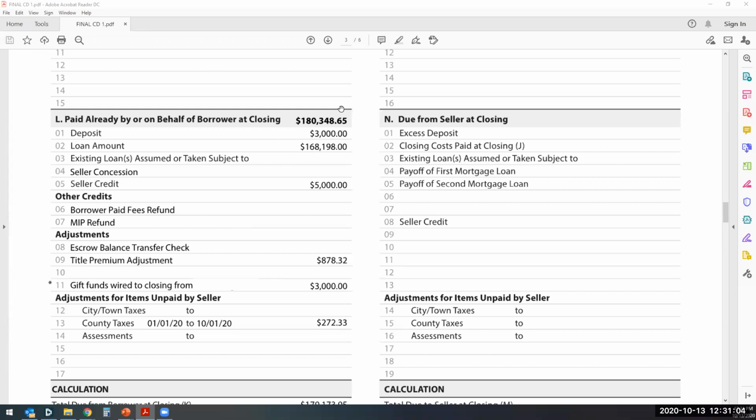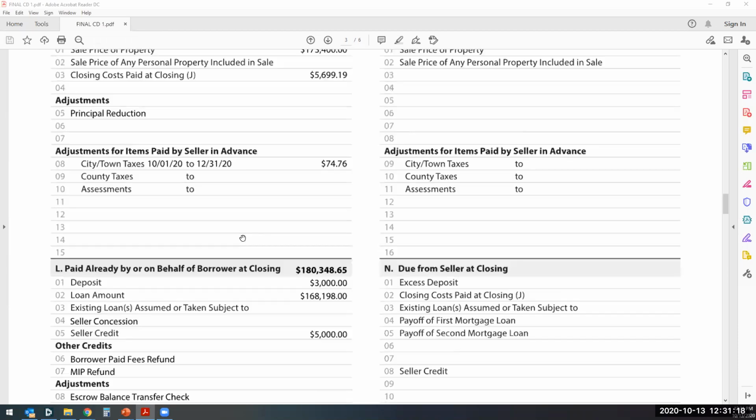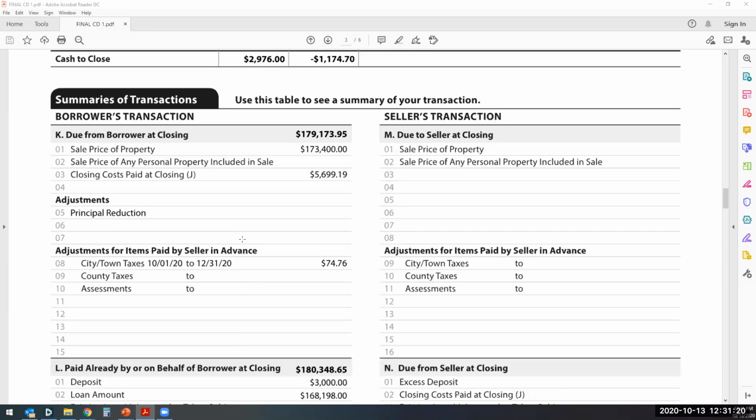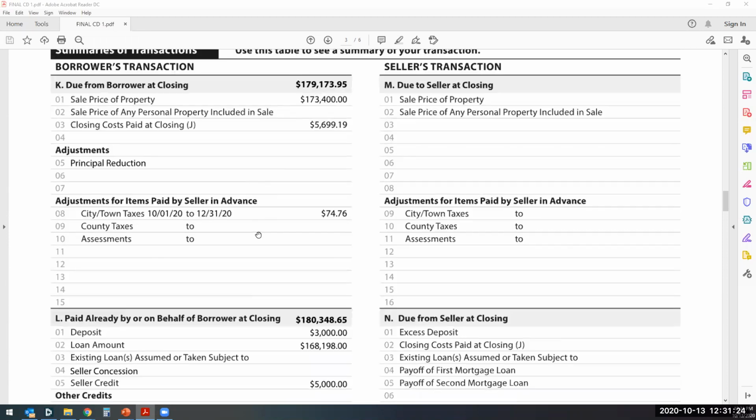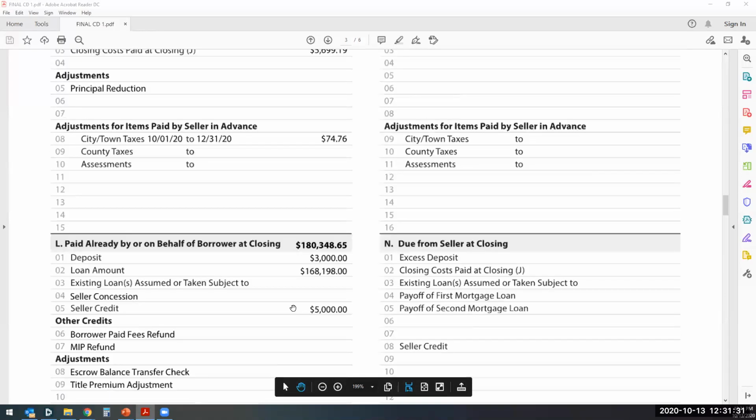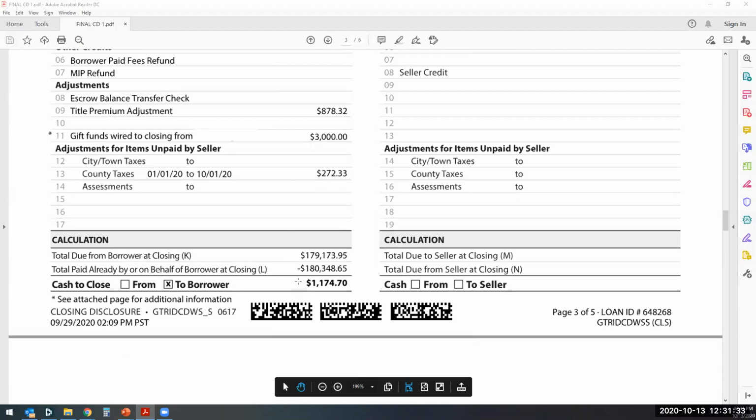Okay, so now we add all of those, and that brings the total to $180,348,065. Now what we do is we take the due from borrower at closing, 179,173, and we subtract it from the paid already on behalf of the borrower, 180,348. And that's the reason why we have cash to borrower.